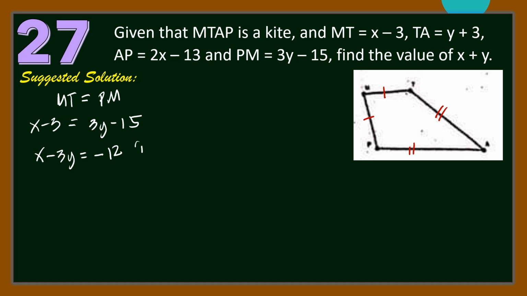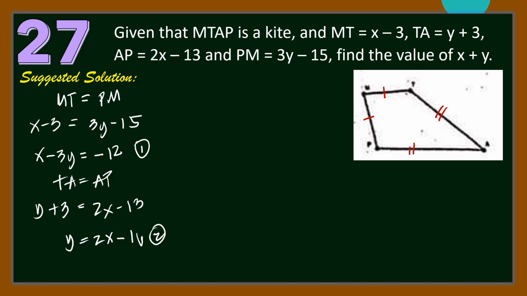Let this be our equation 1. Also, we have TA is equal to AP. Then we have y plus 3 is equal to 2x minus 13. Then we have y is equal to 2x minus 16. Let this be our equation 2.